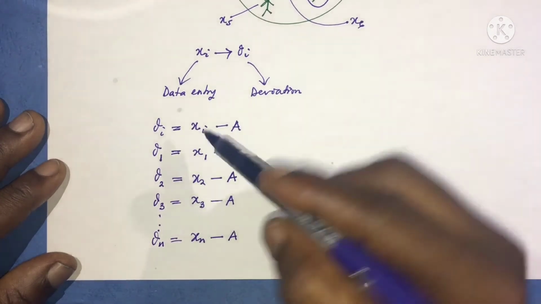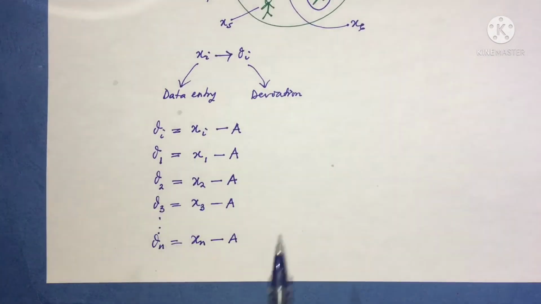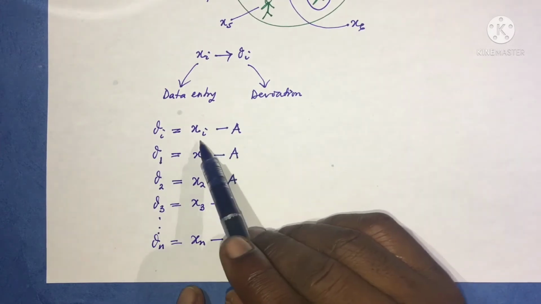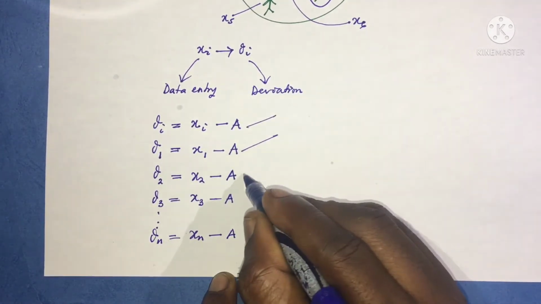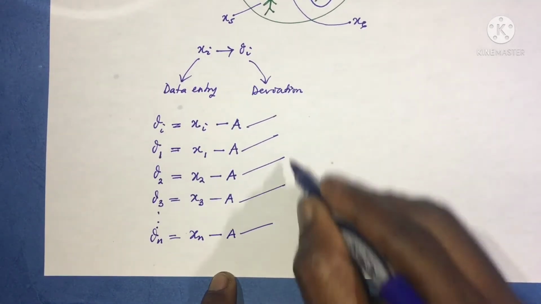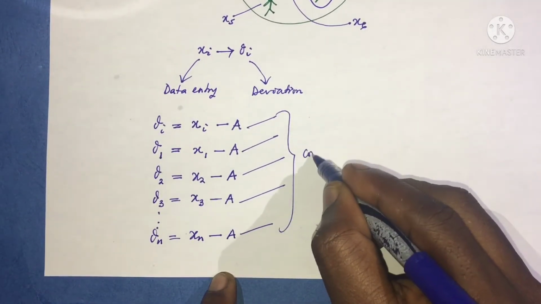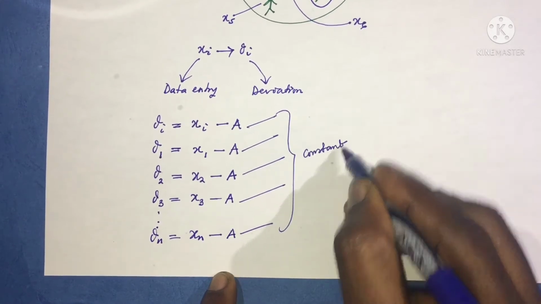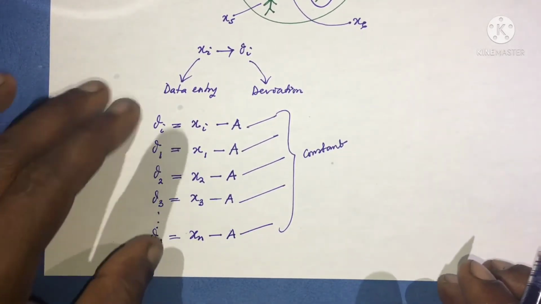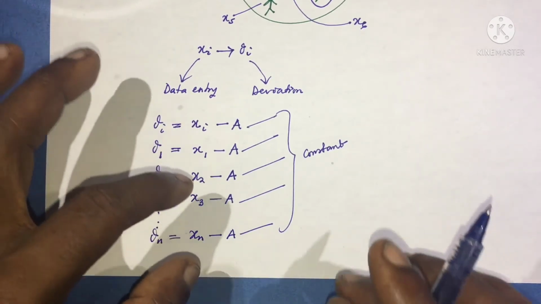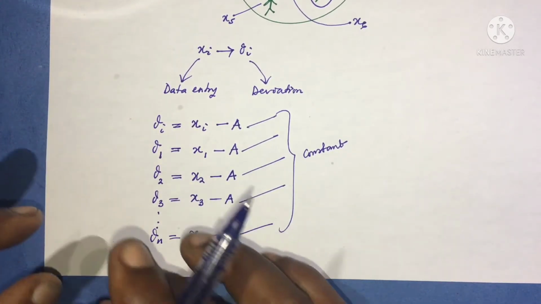Now take note, my di's are changing, my gaps are changing, my data entries are changing, but my a's are not. All my a's are constant. So the assumed class rep remains fixed, but the gaps are changing because away from the assumed class rep are different gaps.